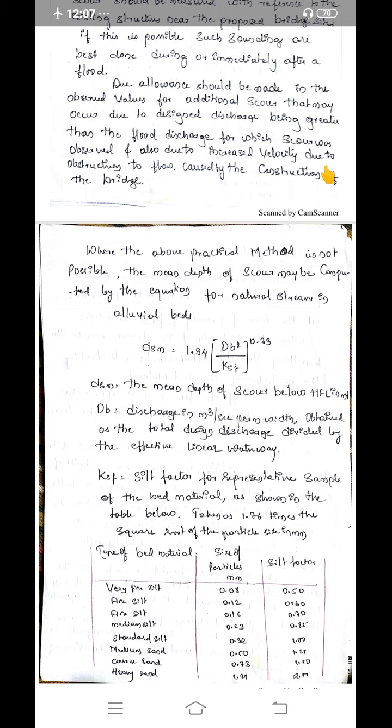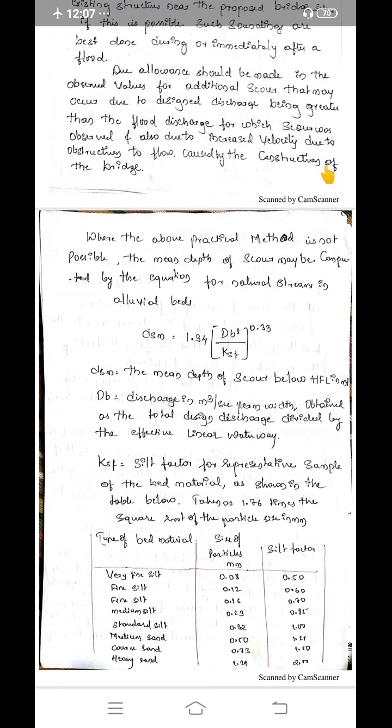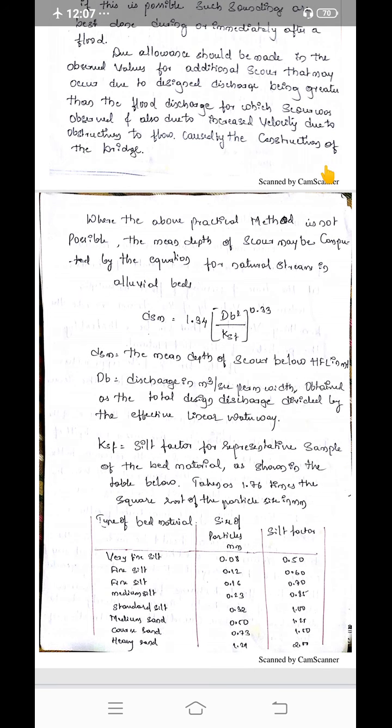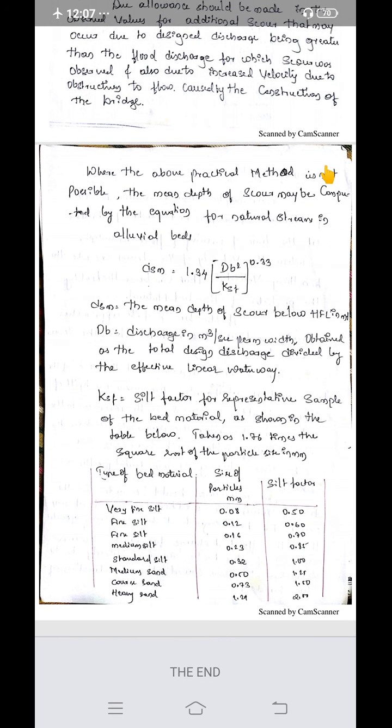Here they have given the formula, that is dsm, the mean depth of scour below the high flood level in meters, is equal to the discharge in meter cube per second per meter width, obtained as the total discharge divided by the effective linear waterway, and Ksf is the silt factor for a representative sample of the bed material as shown in the table below, and it is taken as 1.76 times the square root of the particle size in mm.